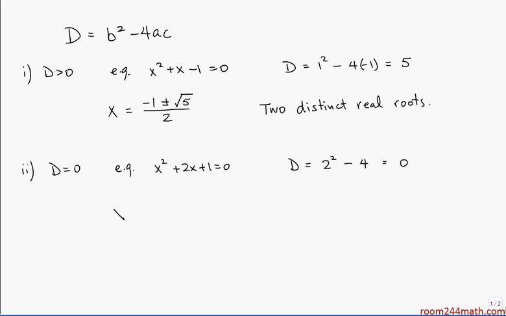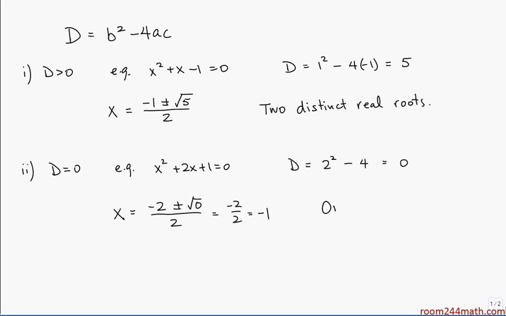And we can use the quadratic formula to find the roots. x is equal to negative 2 plus or minus the square root of 0 all over 2. And obviously, when you add 0 or subtract 0, you're not making any change at all. And so this is just simply negative 2 over 2, which is negative 1. So there is really only one real root here.